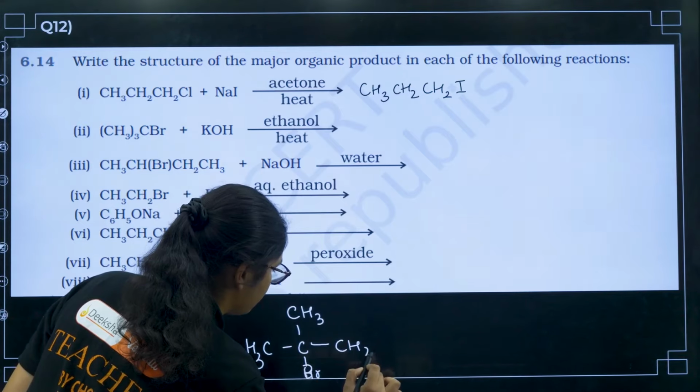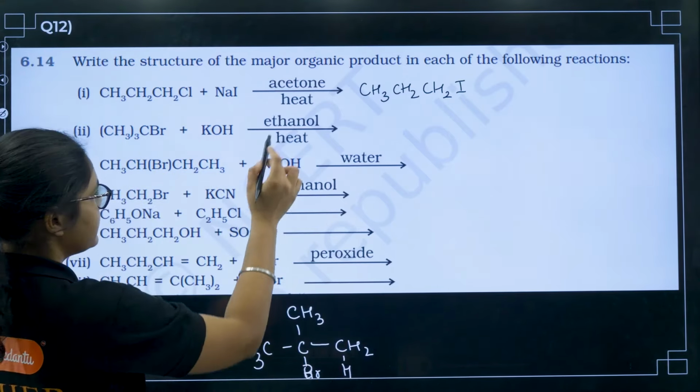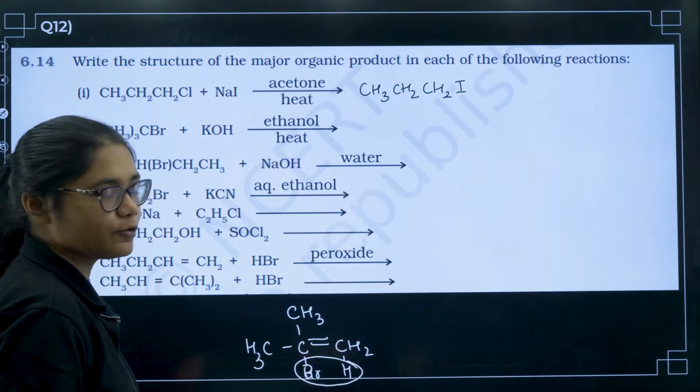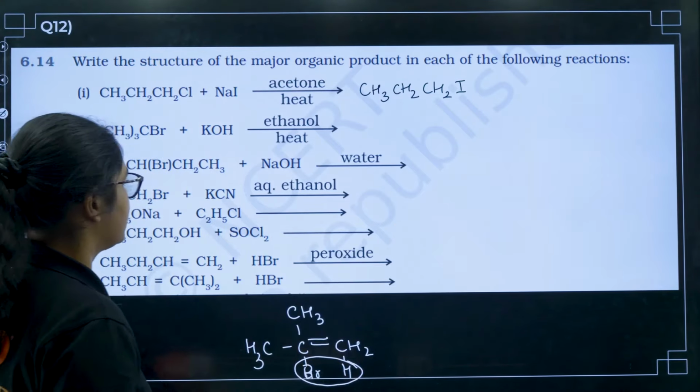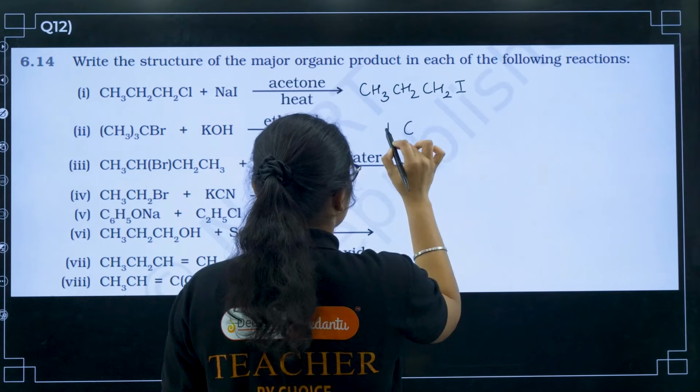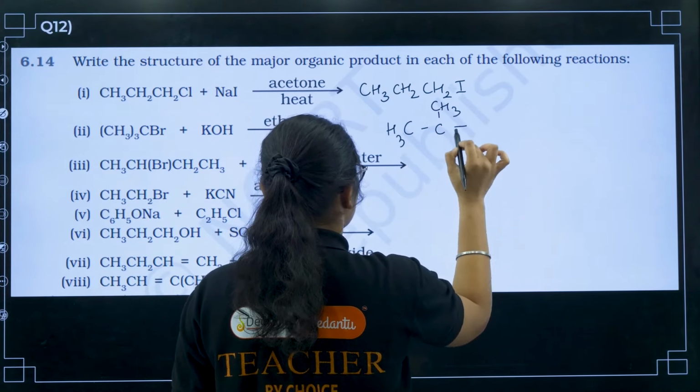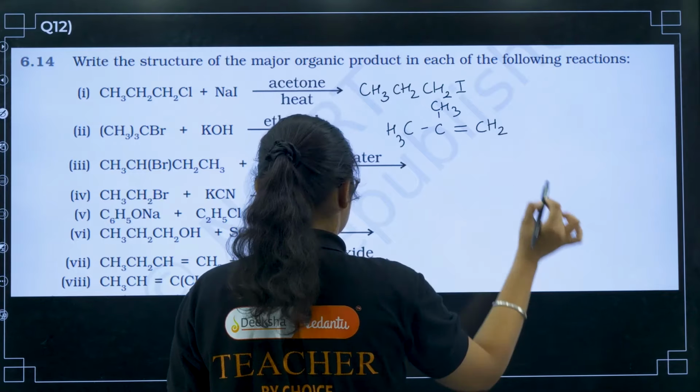When I give this alcoholic KOH, HBr will be removed and a double bond will form here. So what will I get? I will get CH3, C, CH3, double bond CH2.